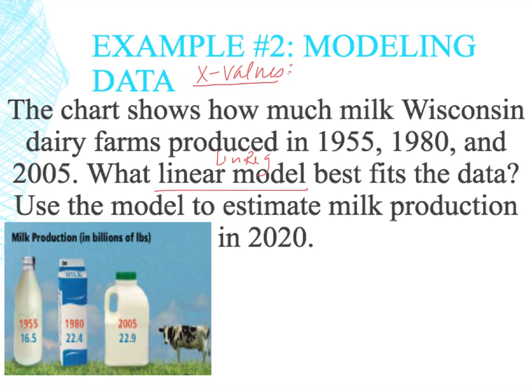Our x values will represent years since 1900. We could have easily said years since 1950, but we're going to use years since 1900. So years since 1900 would be 55 for the first one, 80 for the next one, and then 105 for the last one.